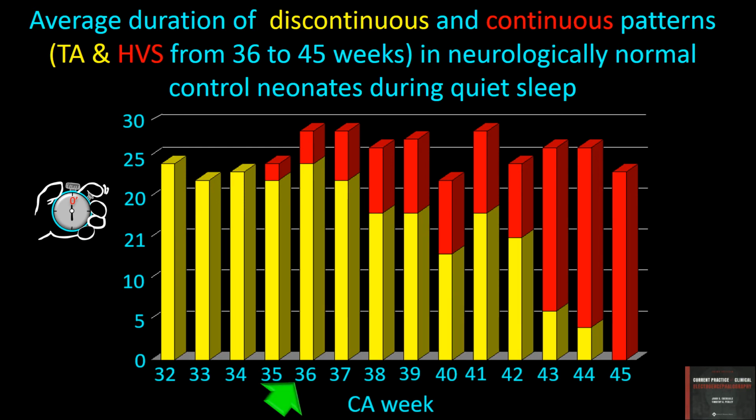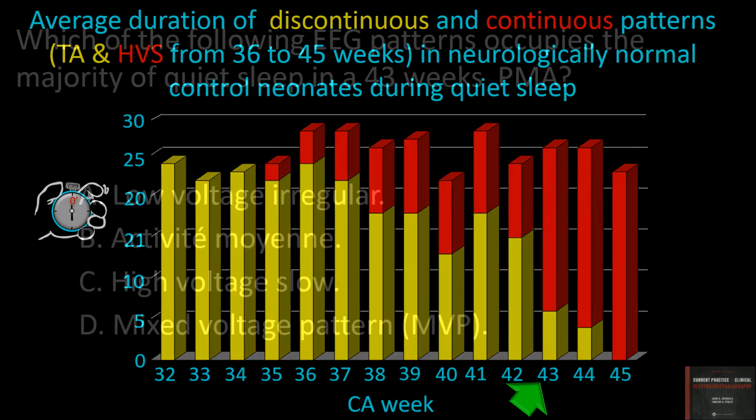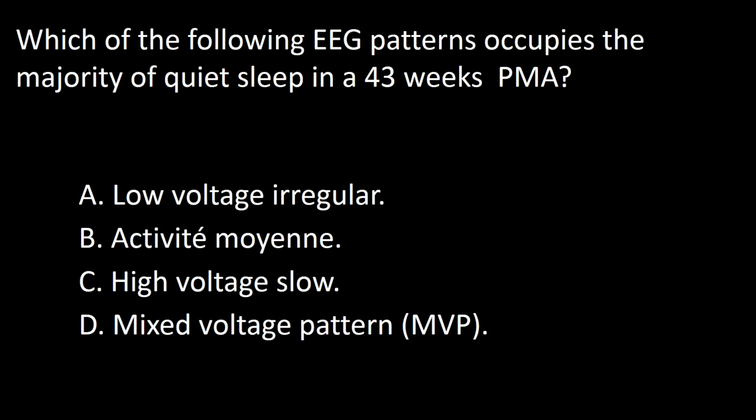As you can see, after 36 weeks, the proportion of high voltage slow wave during quiet sleep increases. And by 43 weeks, most of the EEG during quiet sleep consists of high voltage slow wave pattern. So the answer to this question is C.